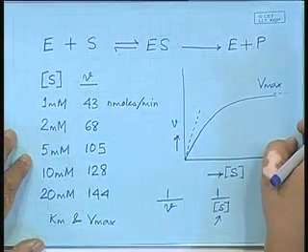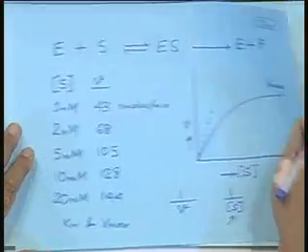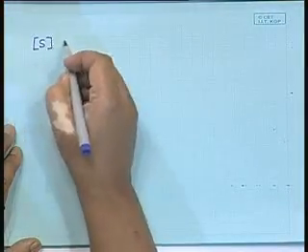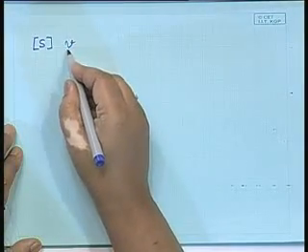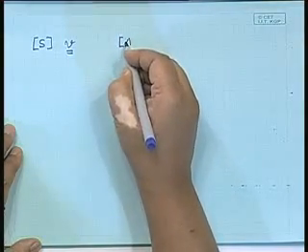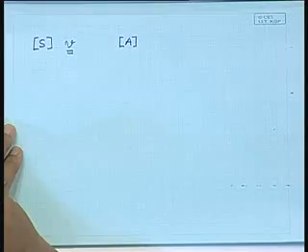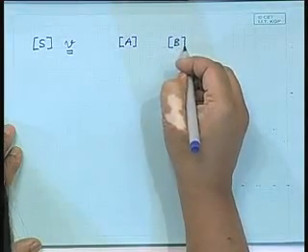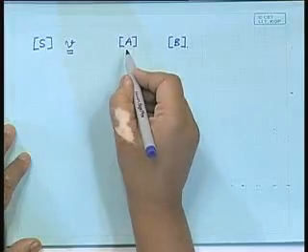Now, suppose we introduce an inhibitor here. So, we have S values and V values for an uninhibited enzyme. If I put in an inhibitor A and an inhibitor B, what do I need?